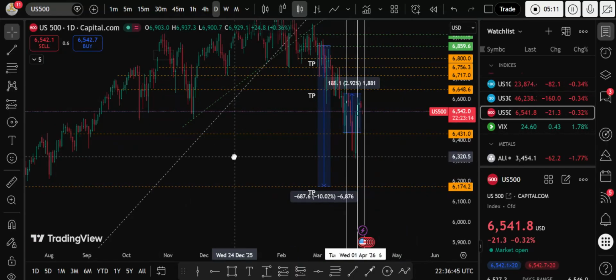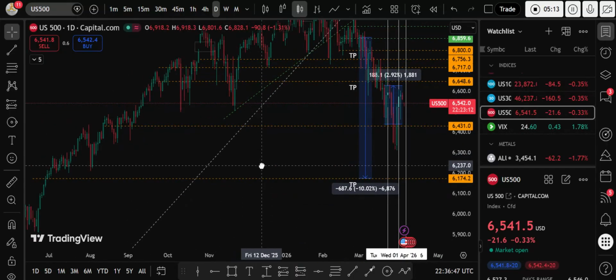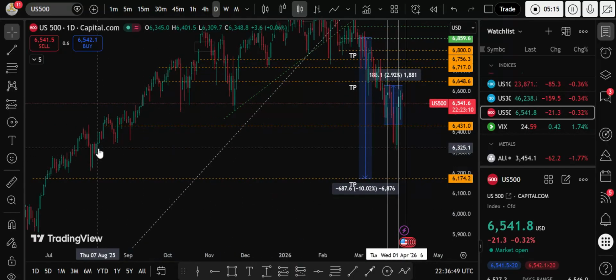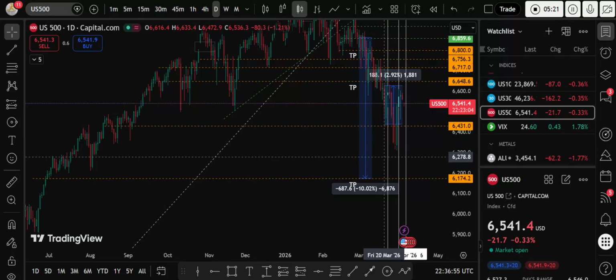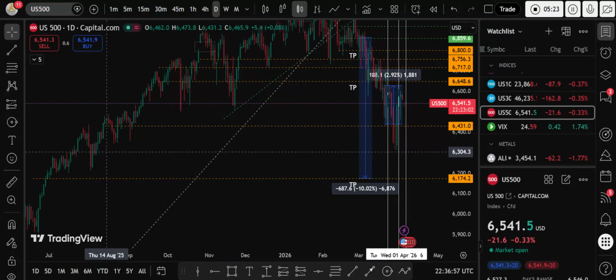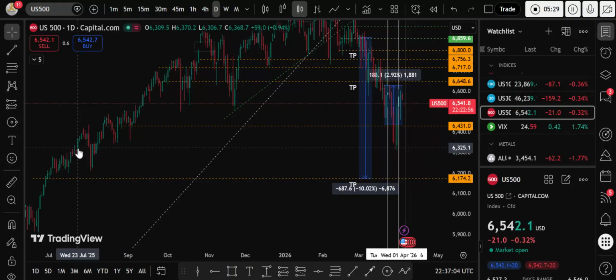Right now, it has come lower to our November low. Okay, this is August, so that's in November. But anyway, no problem. This is where it has come to.